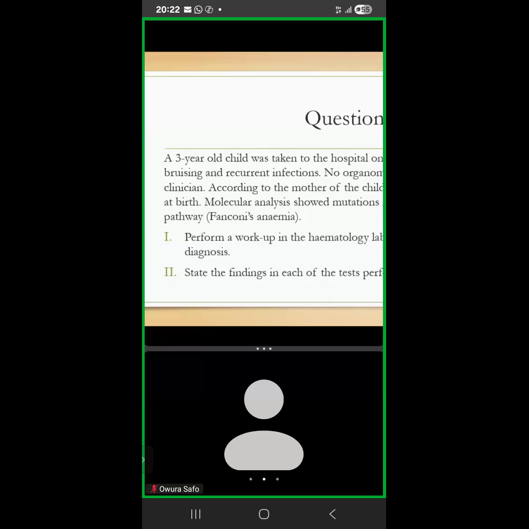Full blood count, peripheral blood smear, bone marrow, cytogenetics, immunophenotyping, fluorescent in situ hybridization, all of them are there. And then we would or might do DNA analysis if we have to.